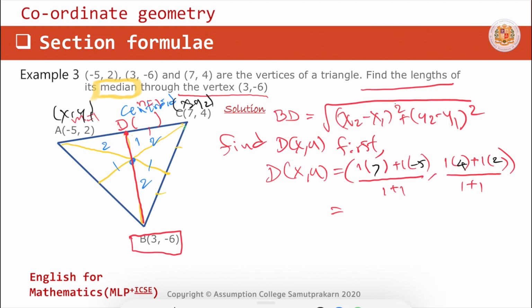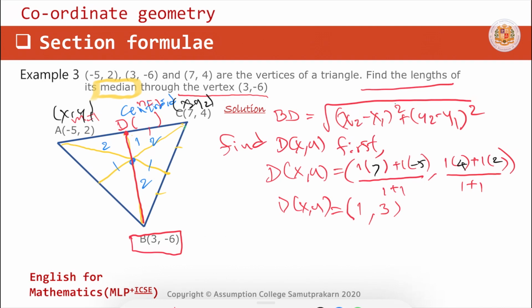Now D(x, y) is going to be the point 7 minus 5 would be 2, divided by 2 would be 1, and then 6 divided by 2 would be 3, so it's (1, 3). Okay, (1, 3), right?